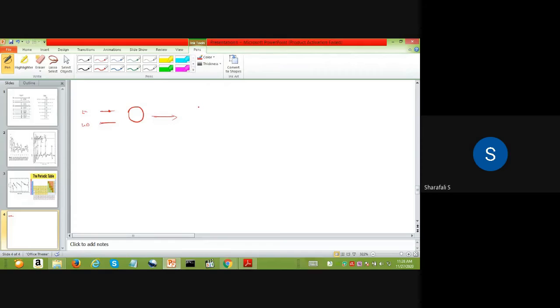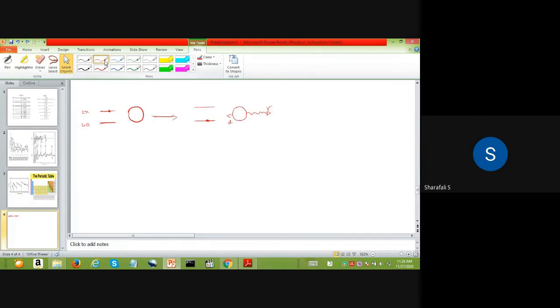So that will come like this. Now its position is in the ground state. Gamma radiation goes in this direction. The nucleus moves a little bit through the recoil, and that is velocity. By the recoil effect, the nucleus will move a little bit, and the gamma radiation will go in this direction. Okay, so this is the excited state, and it is coming from the excited state to the ground state here.